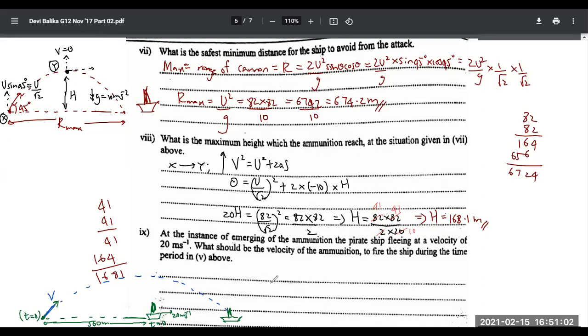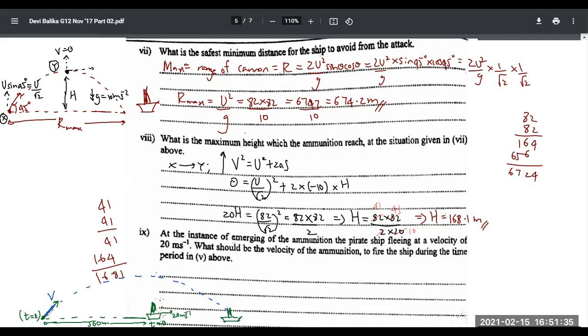So the time taken, and it has taken 8 seconds. Remember, it has taken 8 seconds.